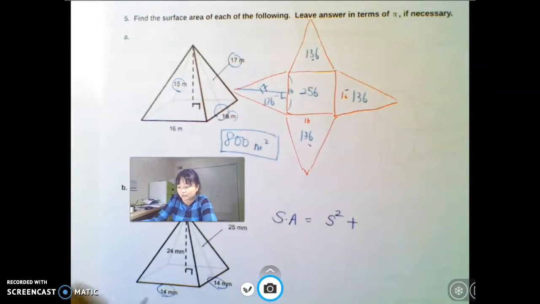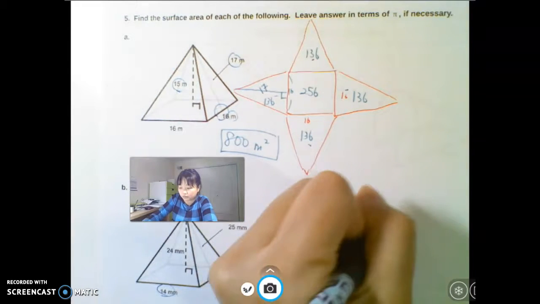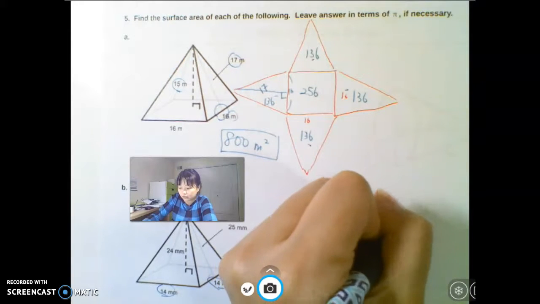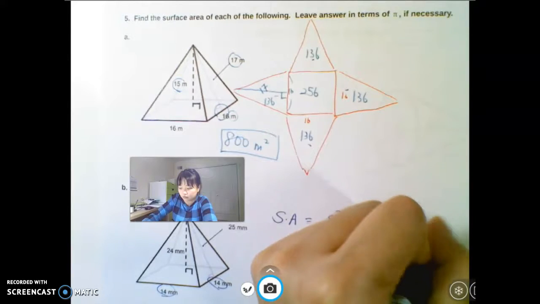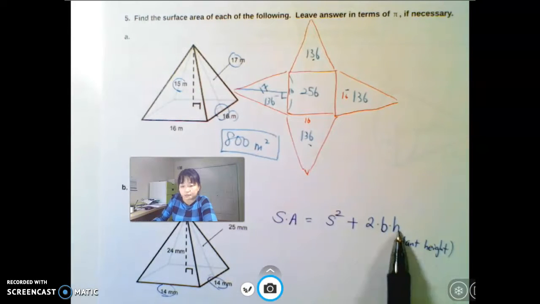But instead of dividing by 2 and then multiplying by 4, you can just think about it as 2 times base times height. Of course, that's the slant height. So I just made that shorter.